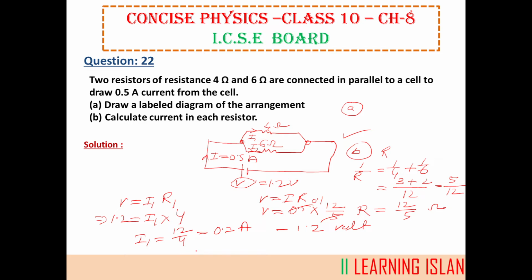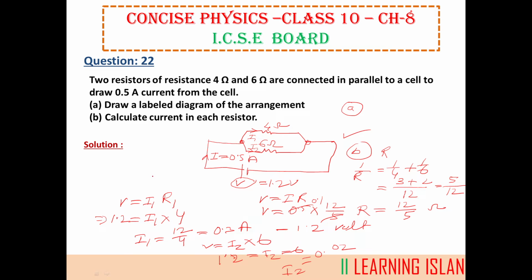And in 6 ohm resistor we are getting, in a similar way, V equal to I2 into 6. So 1.2 equal to I2 into 6. So I2 is coming 0.2.